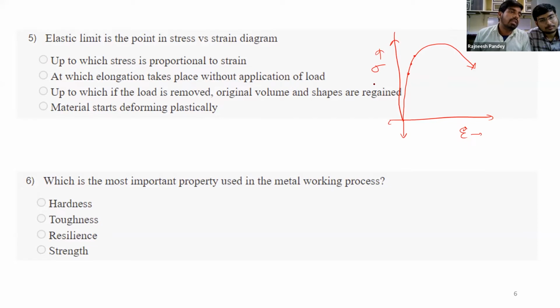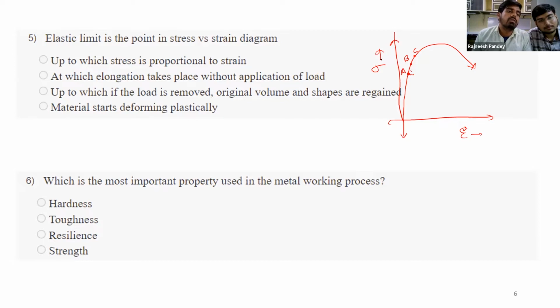The question is about the elastic limit, asking which statement is correct. The first statement is up to which the stress is proportional to strain. First I need to represent these points A, B, C. A is the proportionality limit, up to which the stress is proportional to strain.